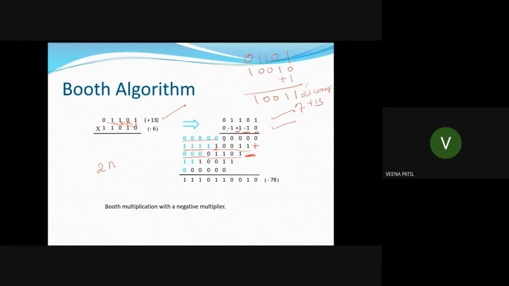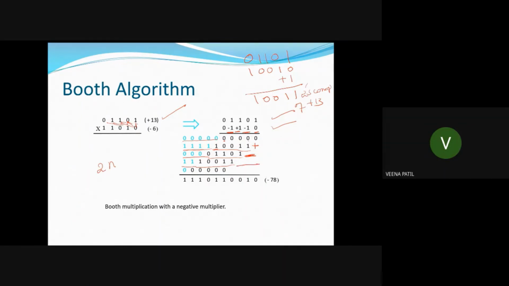Okay. Similarly, the next bit is minus 1. What am I supposed to do now? Yes, when it is minus 1, I have to write 2's complement of the multiplicand. So we have written the 2's complement of the multiplicand, and we have extended the sign bit to occupy the remaining bits in the product, after performing a shift.